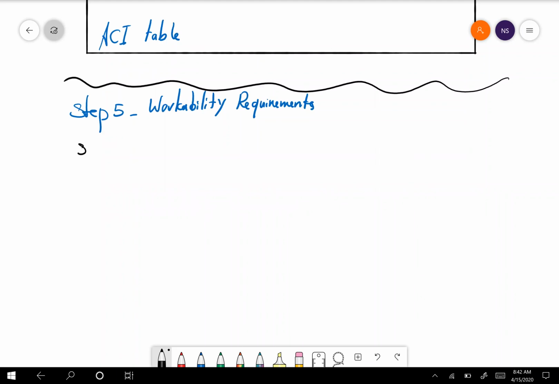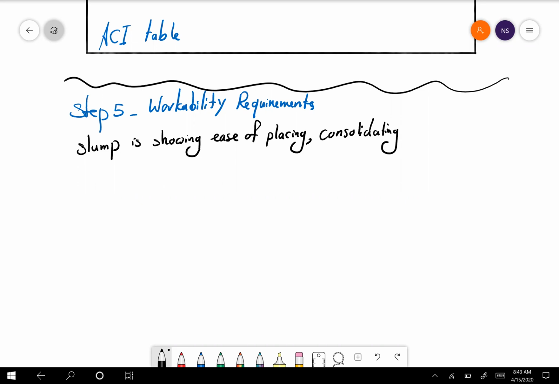So slump is showing ease of placing the concrete, consolidating, and finishing.